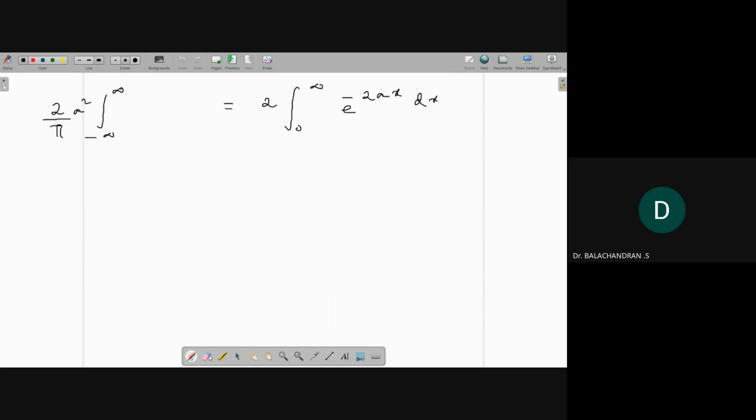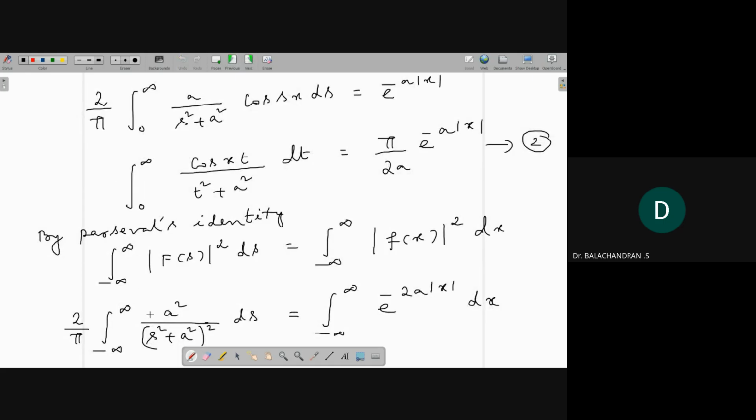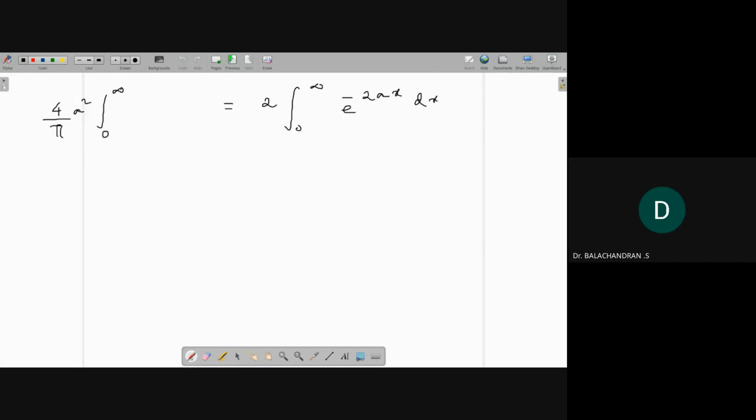I can write 4 by pi a square, integral 0 to infinity, dx by s square plus a square whole square, ds by s square plus a square whole square.